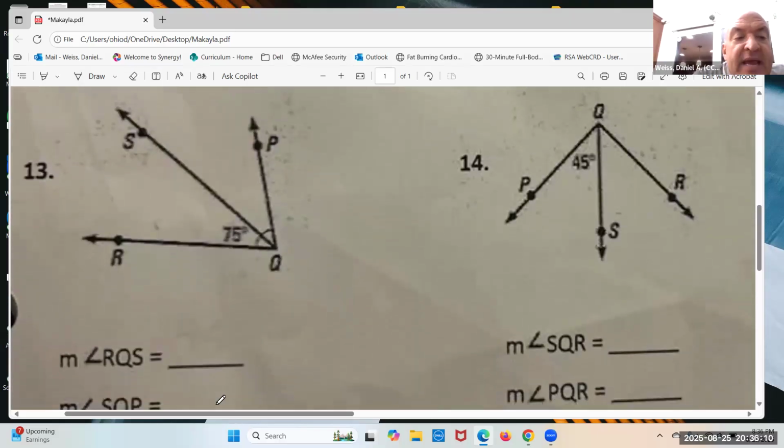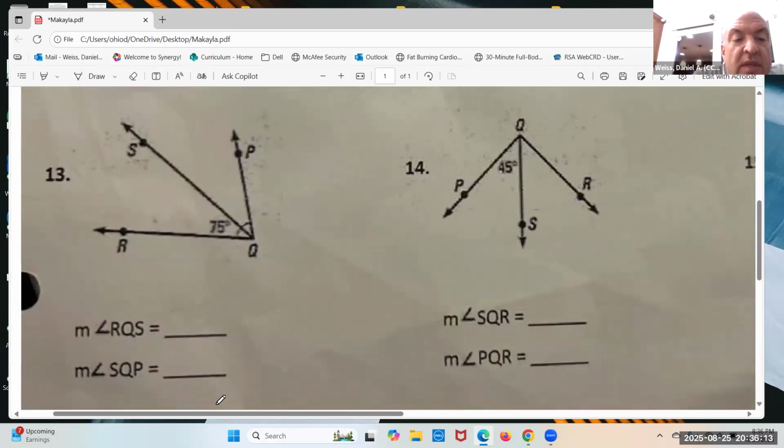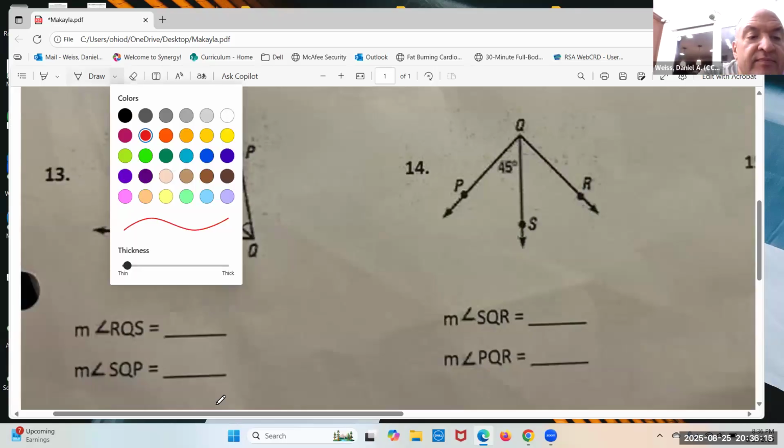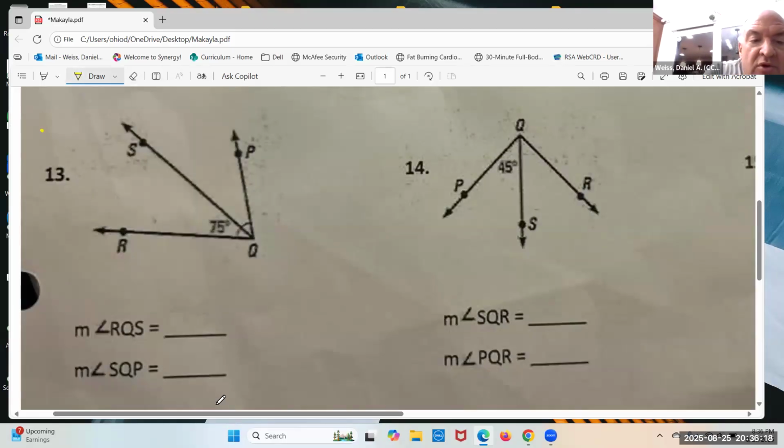All right, same thing here. This whole angle here is 75. So now I need half of 75, because the two angles make 75. What is half of 75? Half of 75 is 37.5.